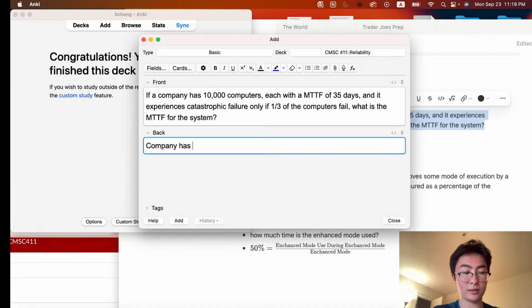So company has, each computer has a failure in time of failures. Call this a failure rate of, forgot to do math on this.